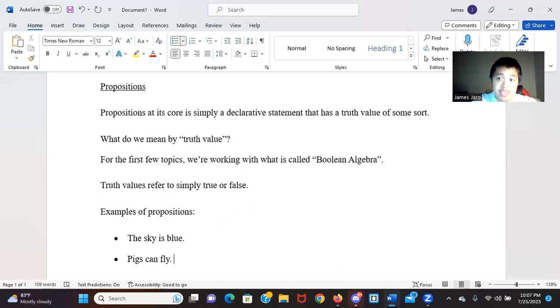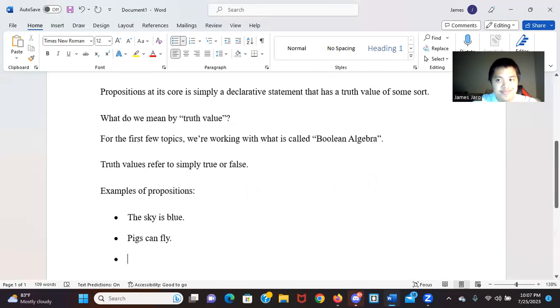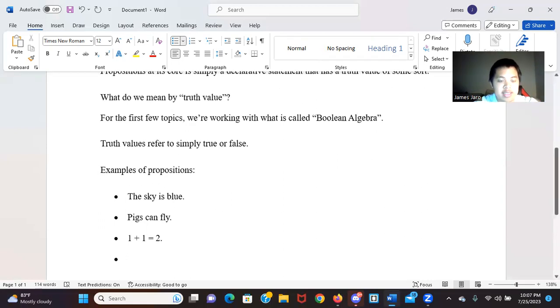That's another common one that is a proposition. We could say that 1 plus 1 is equal to 2, because it has a truth value in terms of whether or not it is a correct equation. We could say that 0 is equal to 1.